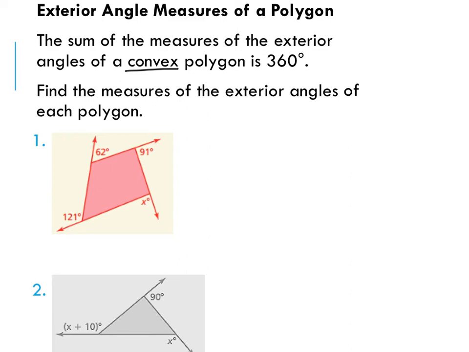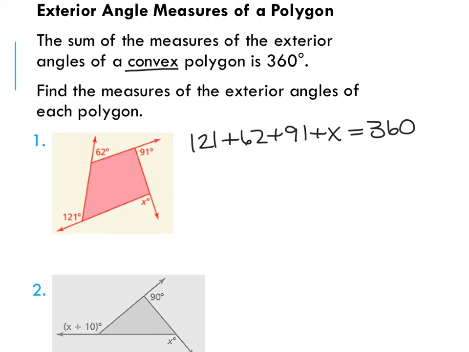In example number 1, I will just add up all of my exterior angles, so 121 plus 62 plus 91 plus x, and that will always equal 360 degrees. So be really careful with this and not getting confused with interior to exterior.